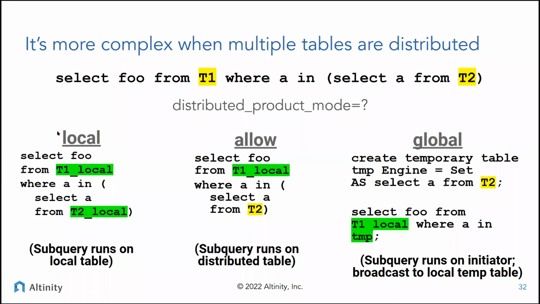But let's say you have a case where you have two large tables and they're too big to fit on single shards. In this particular case, you might want to send a distributed query where you're selecting from T1, which is one distributed table, and that is doing a query which is using an IN operator, which is effectively a kind of join.